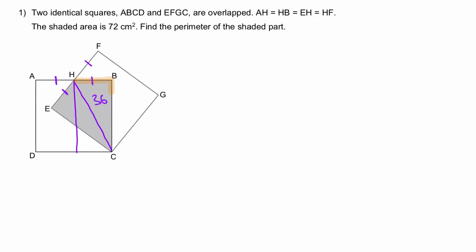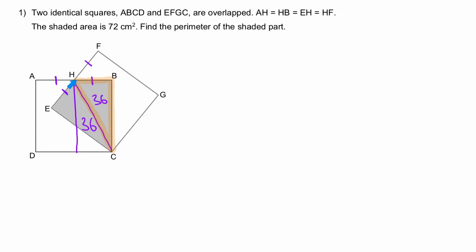If this is 36, what about this portion here? This right angle triangle must also be 36. Am I right? This right angle triangle is actually half of this rectangle. Hence, this must also be 36.